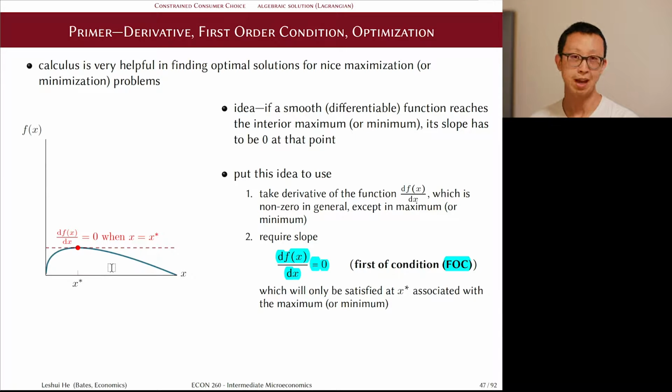And on top of that, if this function is very nice, such that we know it doesn't reach minimum in the range of x that we're concerned with, then the resulting x must be pointing us to a maximum. And there we go. In other words, once you know the function behaves nicely, using the first order condition greatly simplifies the search for maximizing choice.